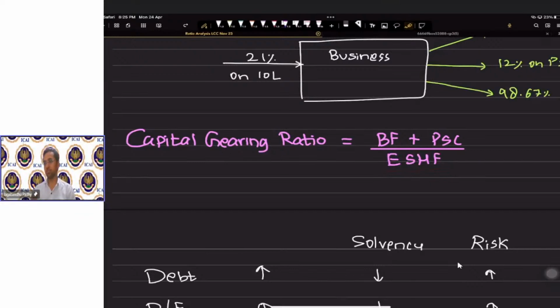So it's a ratio of fixed return funds and non-fixed return funds, and that ratio is what we mean by capital gearing. Now, the higher the component of fixed return, the more gearing you're taking. You're taking funds which require only fixed return with an expectation that we will generate more return than those fixed return funds.